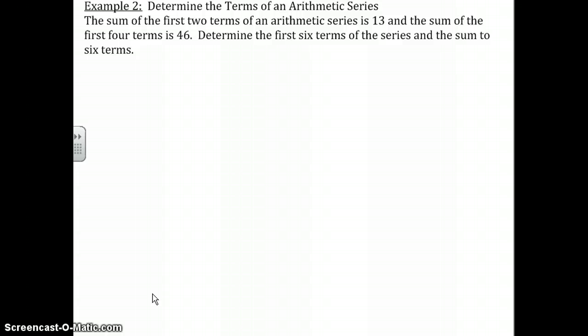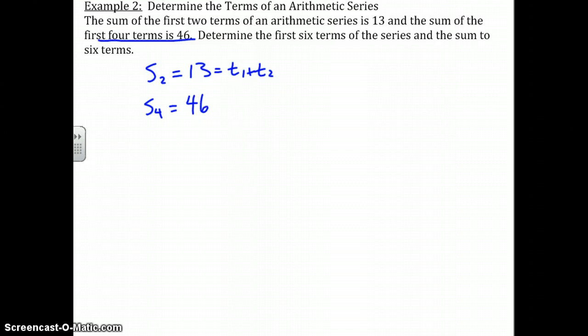So let's break it down. What do we have? Well, the sum of the first two terms is 13. So that's S2 equals 13, right? Which is also T1 plus T2, if we want to think of it that way. The sum of the first four terms is 46.